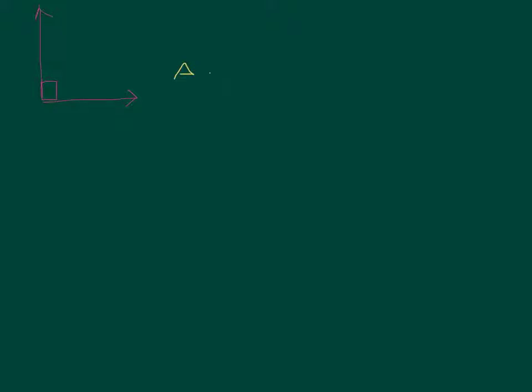Number A. Okay? Is this a right triangle? B. Is this a right triangle? I mean right angle. I'm sorry, not a right triangle.